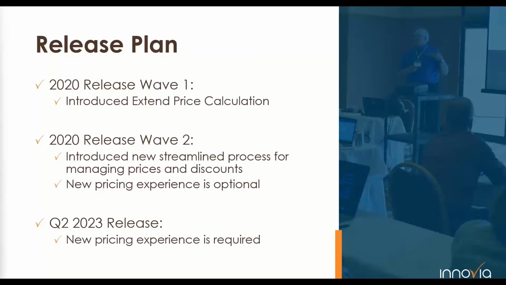So that's basically what they did in Wave 1. In 2020 Release Wave 2, they introduced a new streamlined process for managing prices and discounts, and that's called Sales Price List. We're going to be looking at Sales Price Lists, but on the purchasing side, they've also updated that for Vendor Price List. Works the same as the sales side.